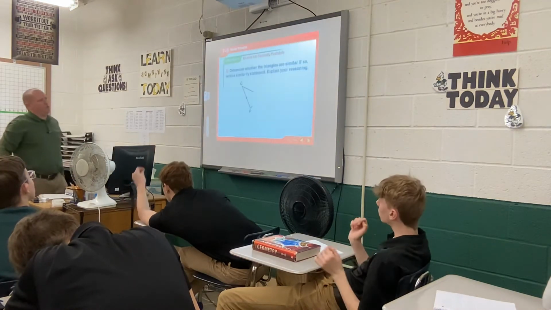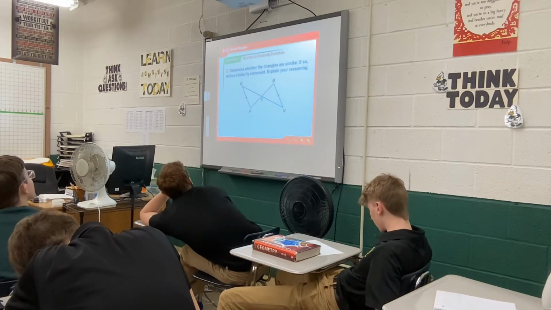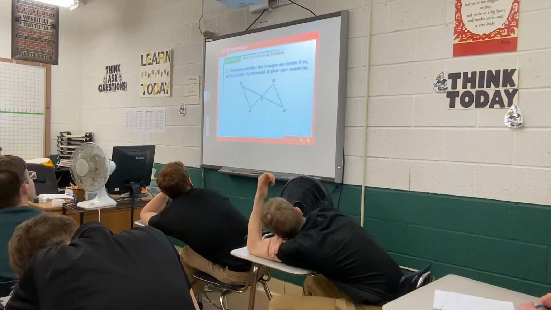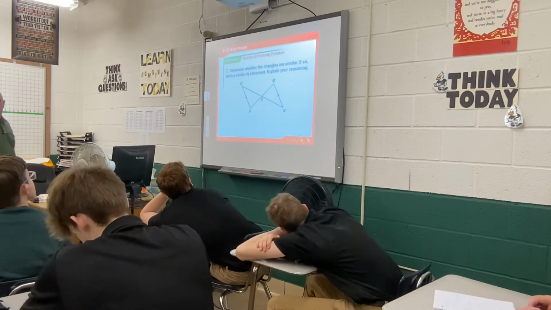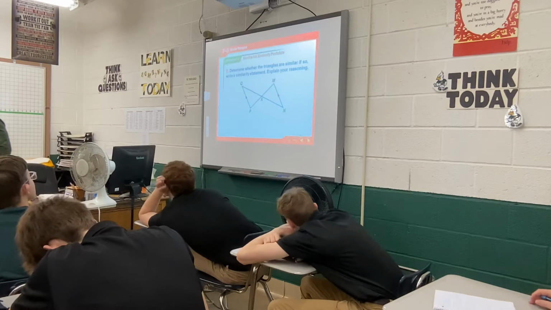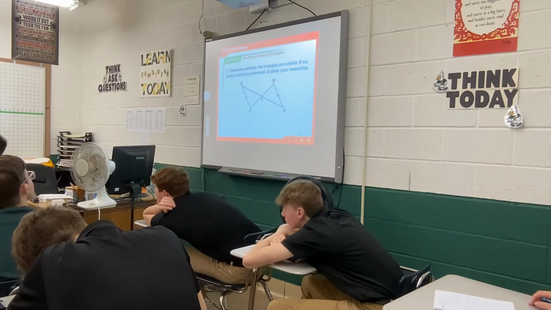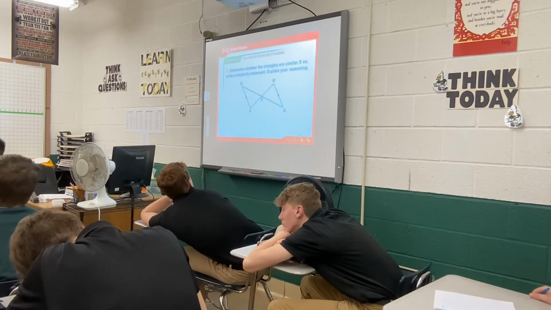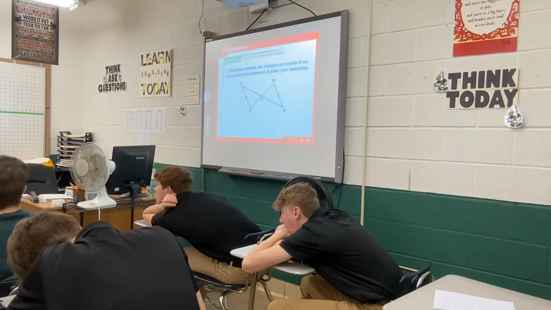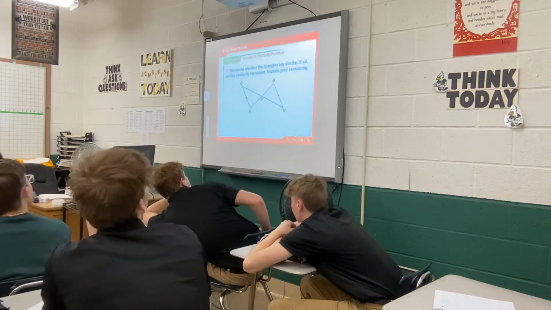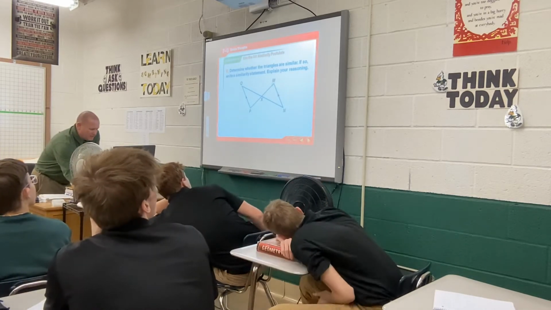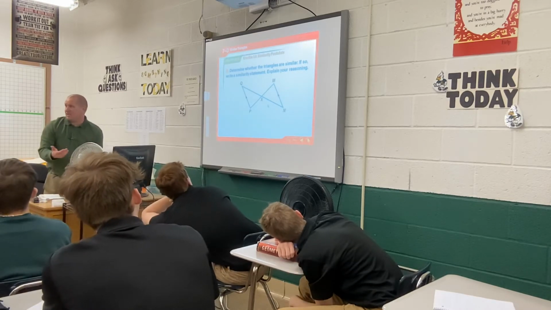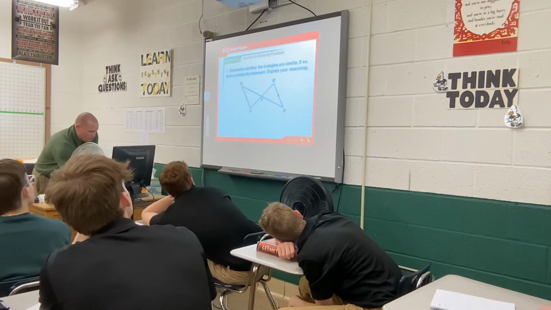So here's another one. This one's a little bit more interesting. Obviously here, the big thing is that they show you that QP and MN are parallel to each other. As soon as they show you that there are parallel lines, you should automatically think back to what? Alternate interior angles, okay? So that means this segment right here is acting as a transversal.